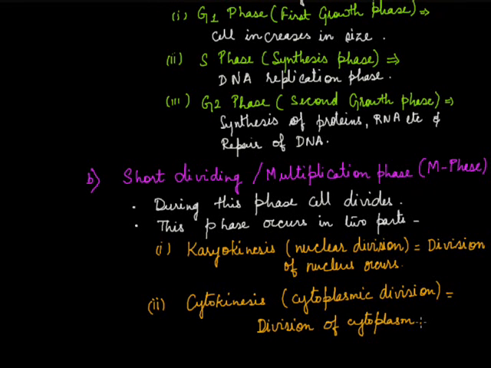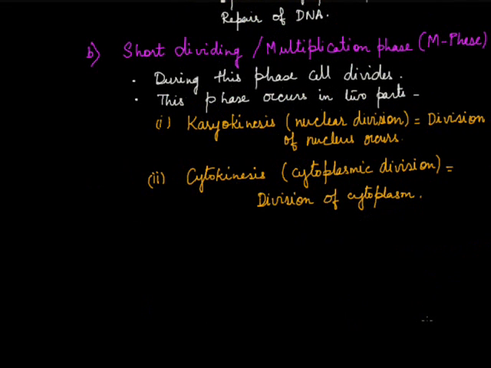So this is in brief about the cell cycle, which is a programmed, well defined, predetermined sequence of events occurring in a cyclic manner by which the cell divides into two, and before dividing the cell prepares itself for the division. Now on the basis of the multiplication phase, cell division is of three types.